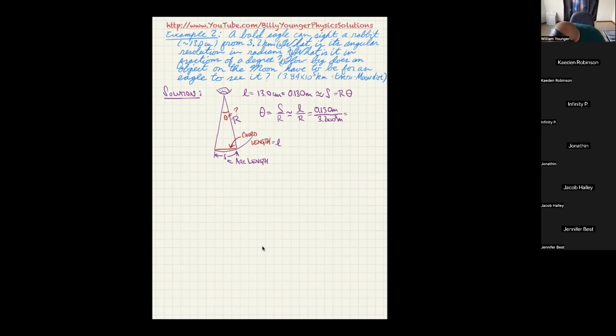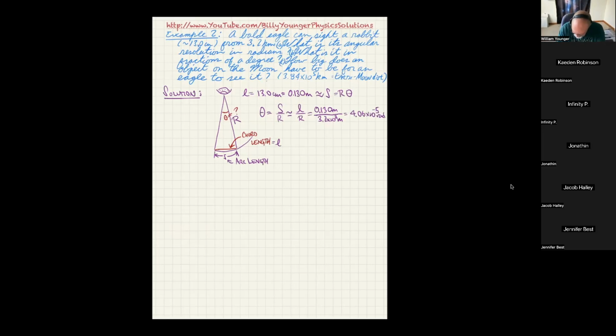And that gives me 4.06 times 10 to the negative fifth radians. Because basically when you divide a matching unit by itself in this equation, it comes out in radians.